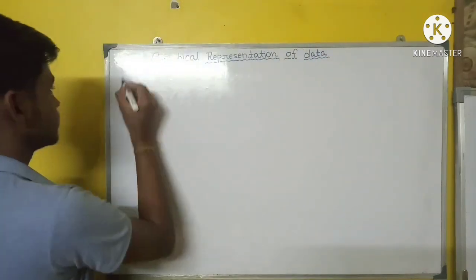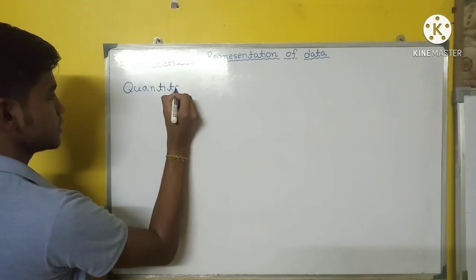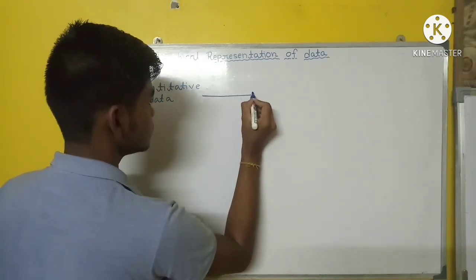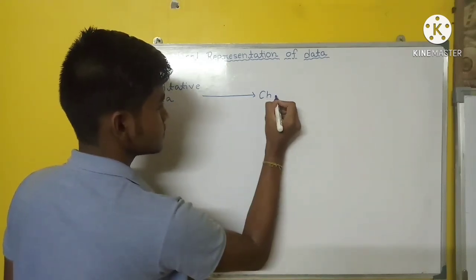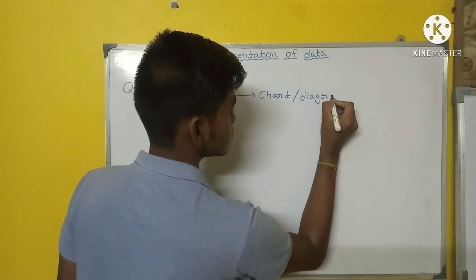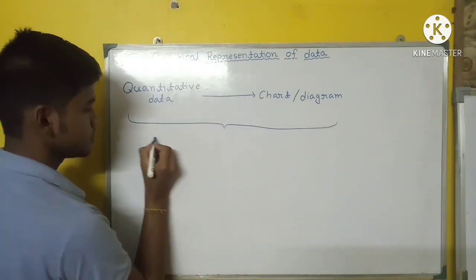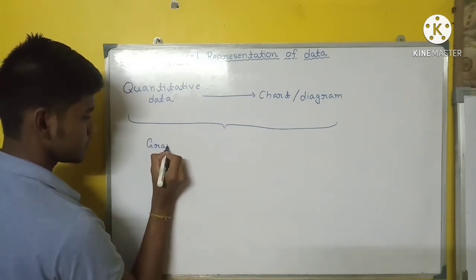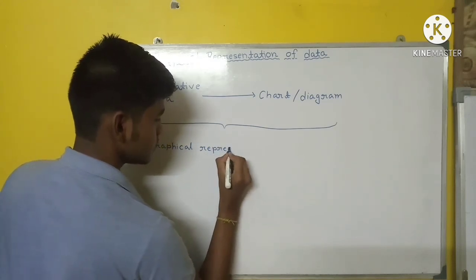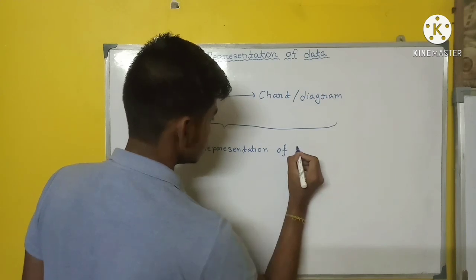The answer is when the quantitative data is represented by some chart or diagram, this will be termed as graphical representation of data.